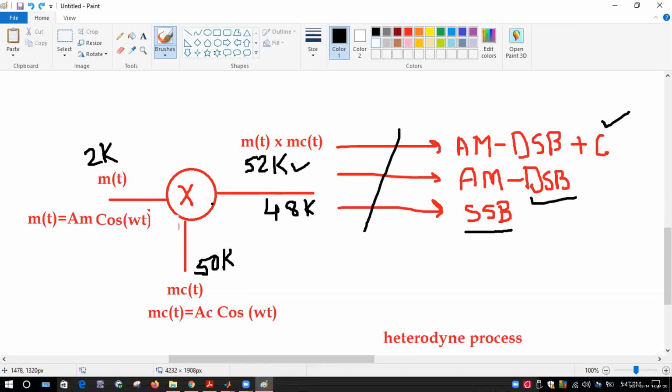How do I calculate it? I didn't get your question exactly. I do not have the carrier, the 50. How can I calculate just the amplitude modulation? Yeah, I will tell you, no problem.